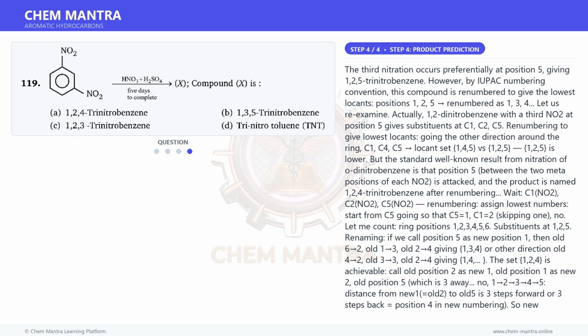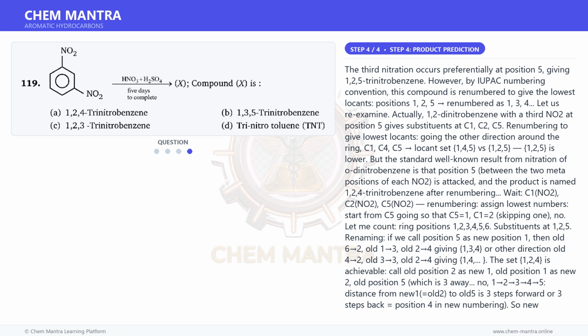For the final step, the third nitration occurs preferentially at position 5, giving 1,2,5-trinitrobenzene. However, by IUPAC numbering convention, this compound is renumbered to give the lowest locants.